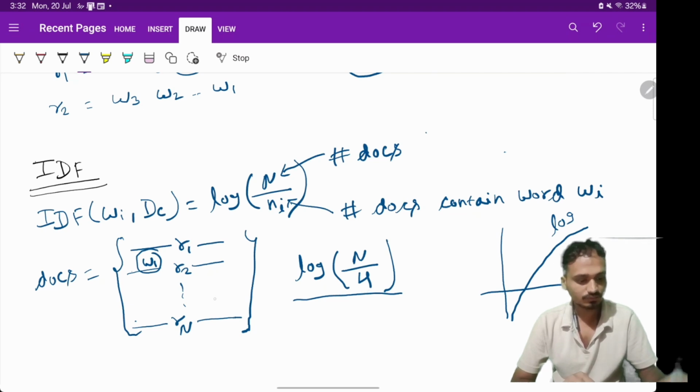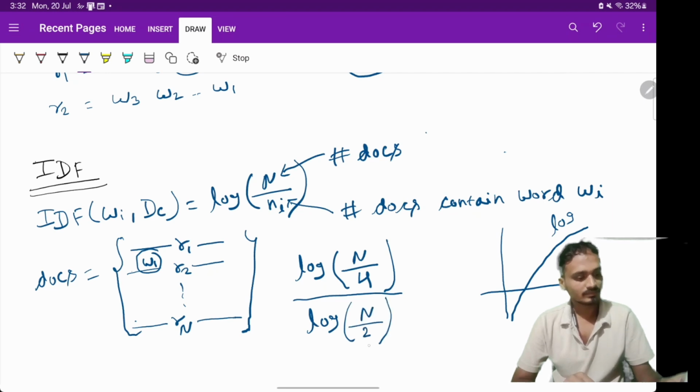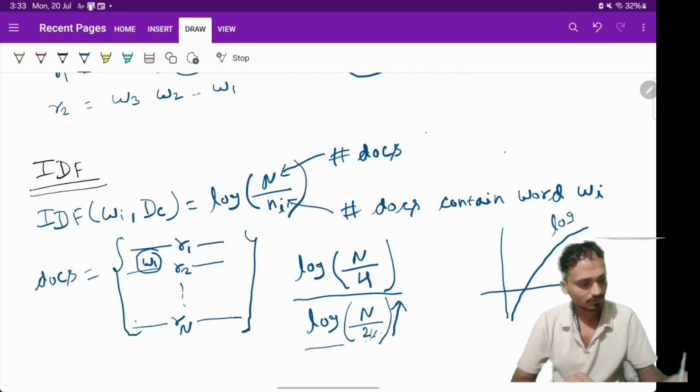Let's say the value of the numerator will be lower, say this time n divided by 2. If this numerator is lower, then this entire fraction will be higher, and this function will also be higher.